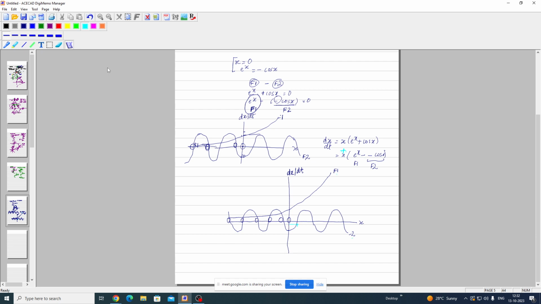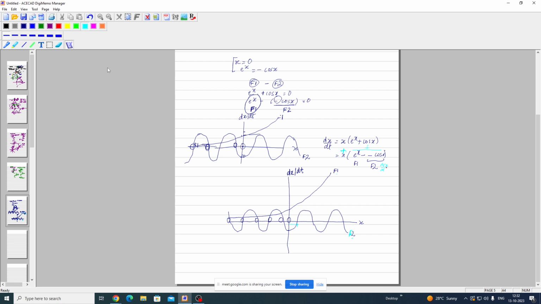Function 1 is above function 2. When function 1 is above function 2, their difference will be positive. f1 minus f2 will be positive, which means this is also positive. So positive times positive is positive, which means dx/dt is positive.